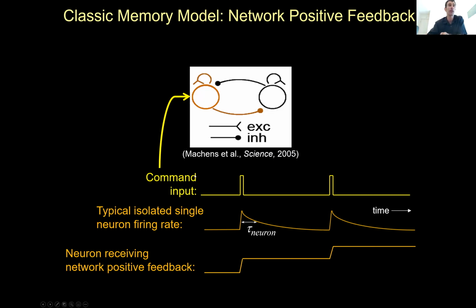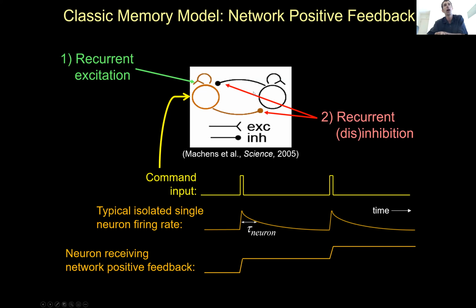Well, the story is this: the command input comes in. If the neuron were in isolation, the activity would decay away, but there's positive feedback. There's positive feedback through recurrent excitation that can sustain the activity. And there's also another form of positive feedback, a double negative form of positive feedback, or recurrent disinhibition.